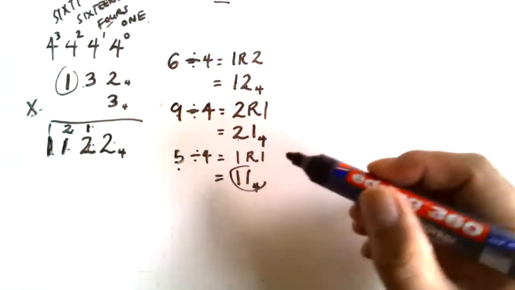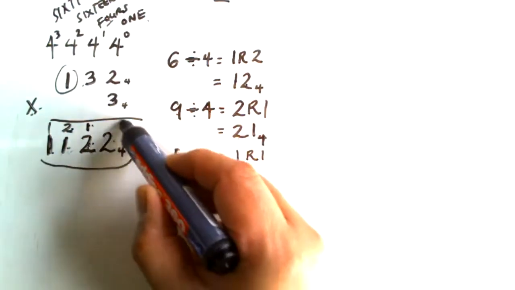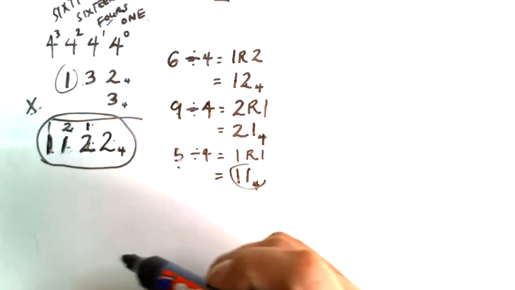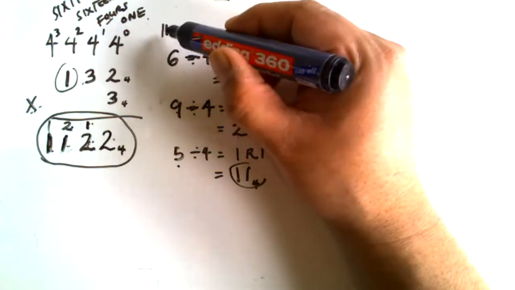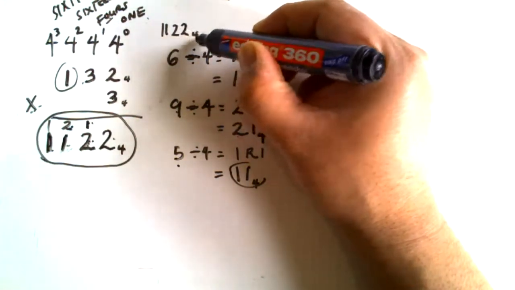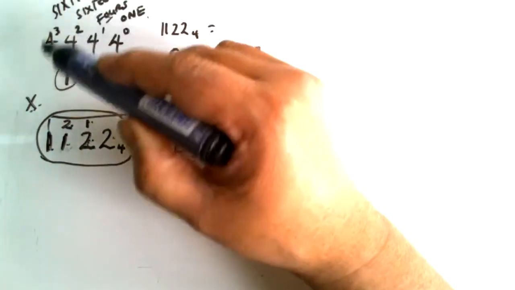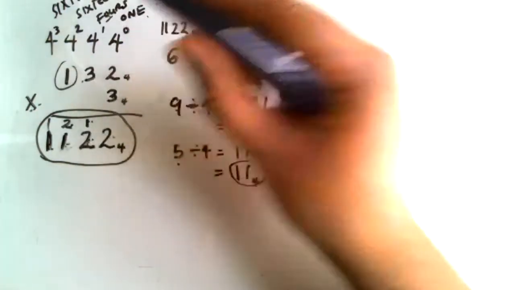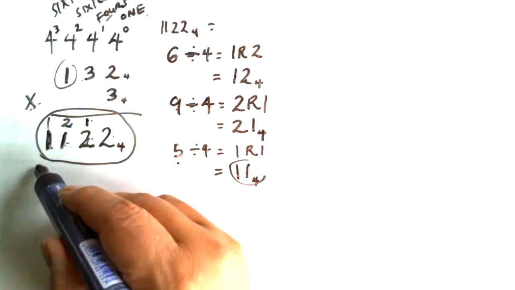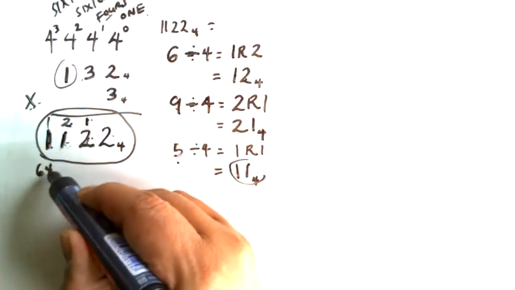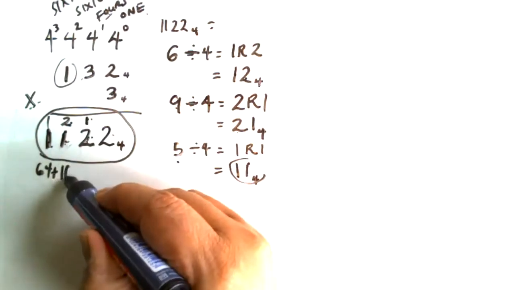Now, for our sake, what is this in our decimal system? This one in our decimal system would be 64 plus 16.